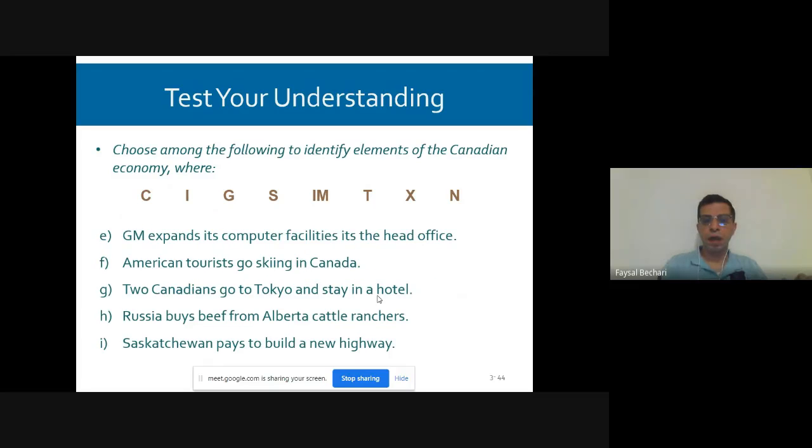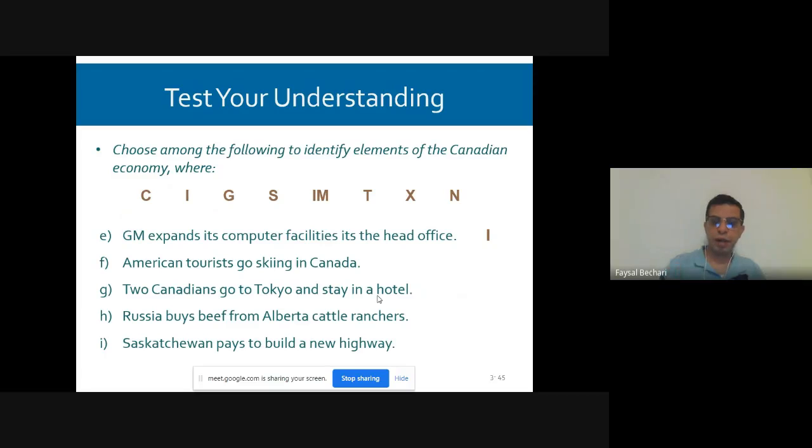GM expands its computer facilities in its head office. Here it is an investment, because it is bringing more computers for people to use so they can produce better.